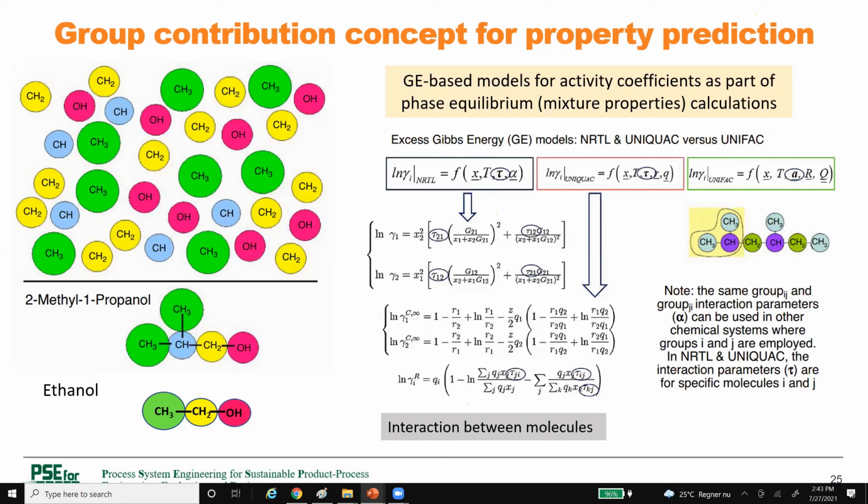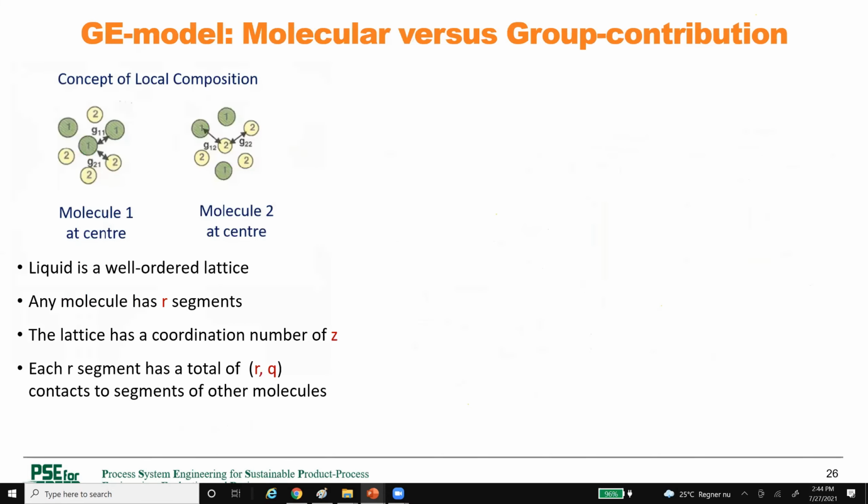And any number of binary mixtures can be made from those groups. So that's why this is predictive. When will you use the group contribution as opposed to the molecular? We can also see that here, that as I said, the molecular interactions, the green and the yellow are molecules around each other.